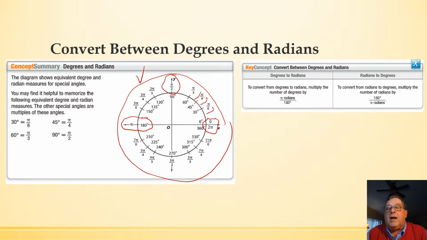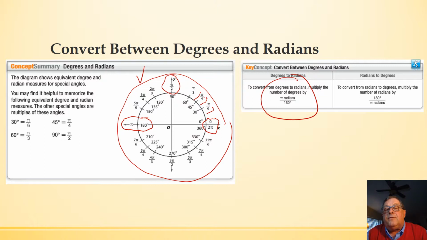Now, if we've got angle measures that can be either in degrees or radians, then we've got to have a conversion ratio if we need to convert from degrees to radians or from radians to degrees. And the conversion ratio from degrees to radians is pi radians over 180. In other words, 180 degrees equals pi radians.